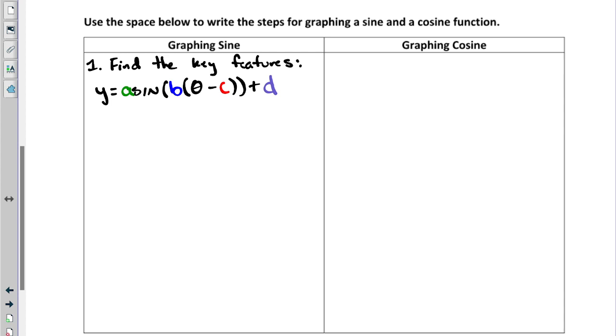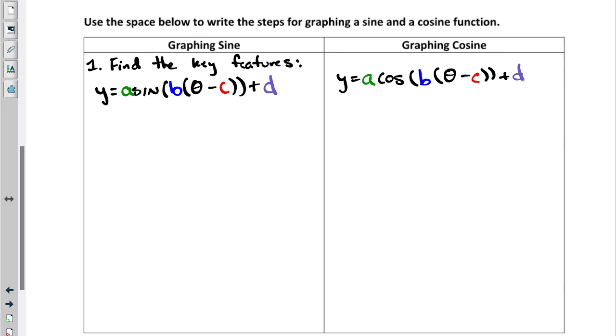And the same thing is true for cosine. So it's just y equals a cosine of b times theta minus c plus d.